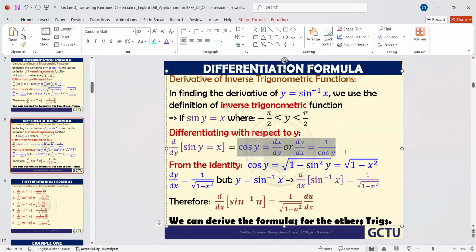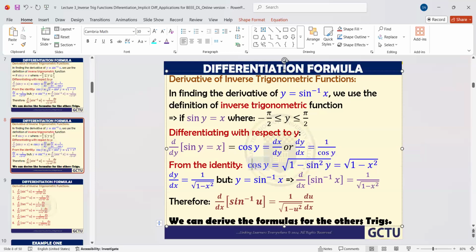Now, last semester, you remember that we learned that when you square cos and you square sine, it gives you 1. I hope you remember that function. I should have quoted it somewhere here. We call it the identity equation. That is, the cos squared of a function plus the sine squared of a function will give you 1. So if I want to make cos the subject, then cos y is equal to the square root of 1 minus sine squared y, because sine squared plus cos squared will give you 1.